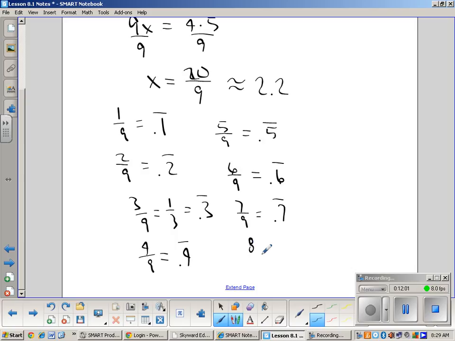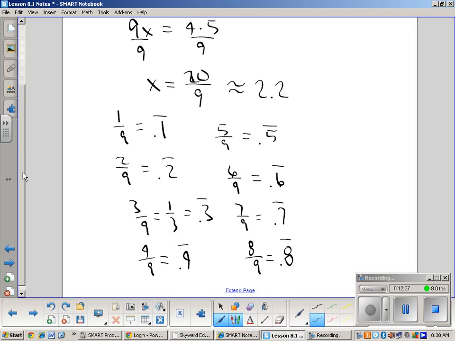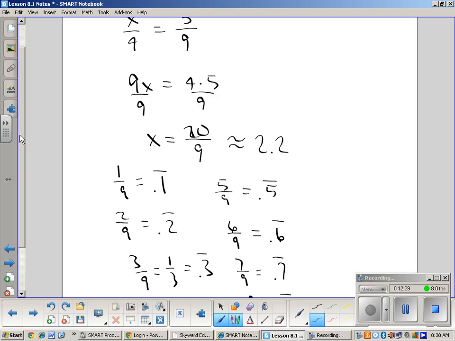And 8 ninths is 0.8 repeating. 9 ninths would be 0.9 repeating. Well, actually, it's 1, right? So, if you have to make decimals, ninths is a real easy one to do. Okay? Any questions on that? Any questions on how we solve this?